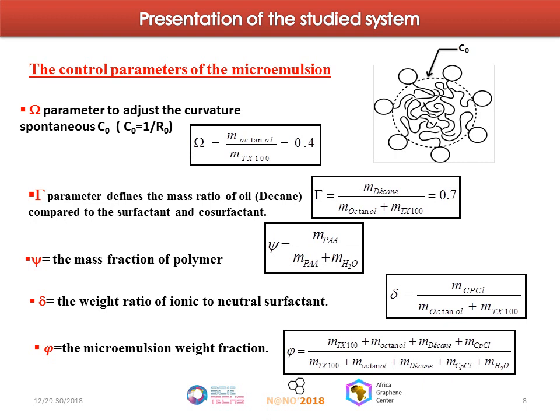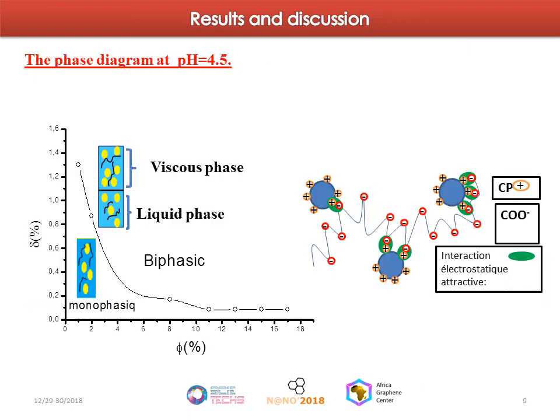And the third parameter is psi, the mass fraction of polymer. And parameter number 4 is delta, the weight ratio of ionic to neutral surfactant. And the last parameter is phi, the microemulsion weight fraction.